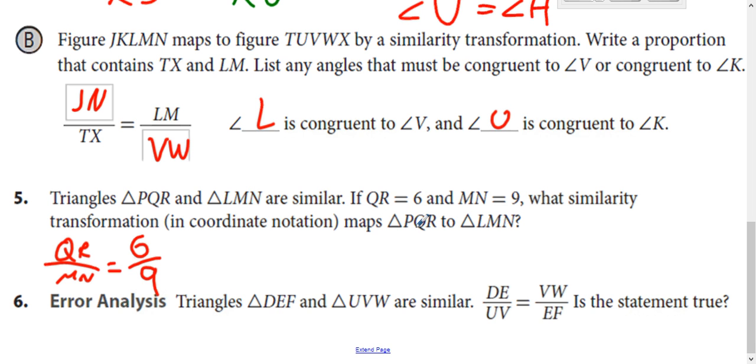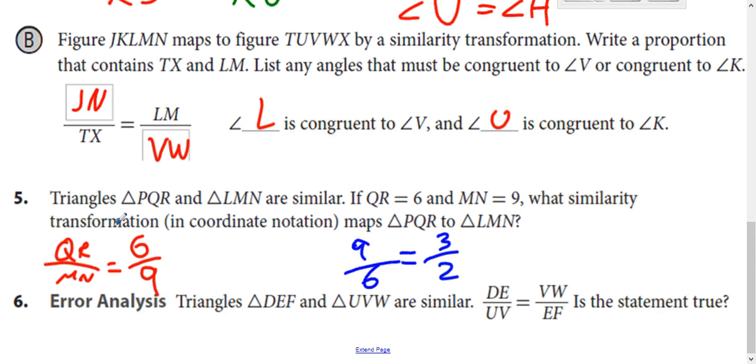Now, since we're trying to map PQR onto LMN, we actually want this the other way around, because LMN is where we're ending. That's what we start with at the top of our fraction. So we're going to flip this around and have 9/6. That's our scale factor. We can reduce that to 3/2. That is our scale factor.